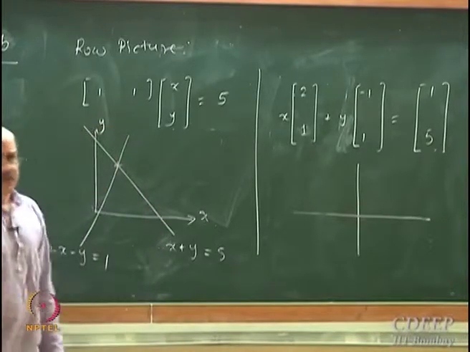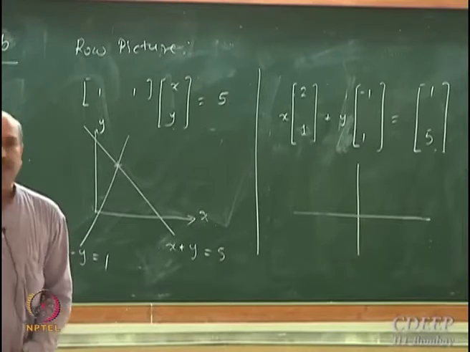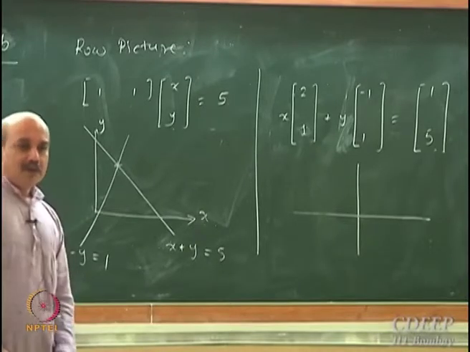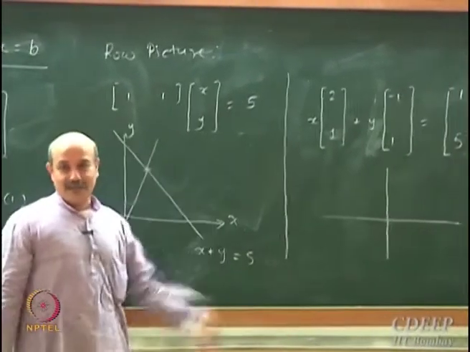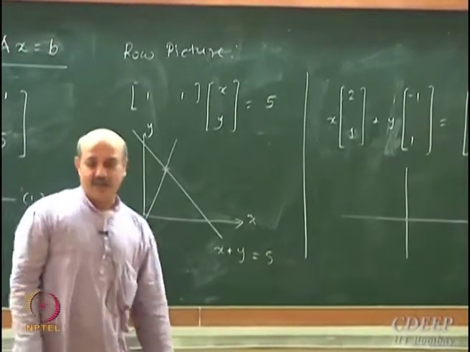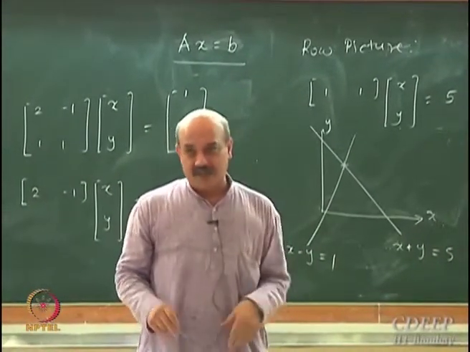The row picture becomes very, very difficult to visualize beyond 3 dimensions. But my claim is that the column picture is a little easier to visualize in 4 dimensions, 5 dimensions. We are just talking about linear combinations of vectors.